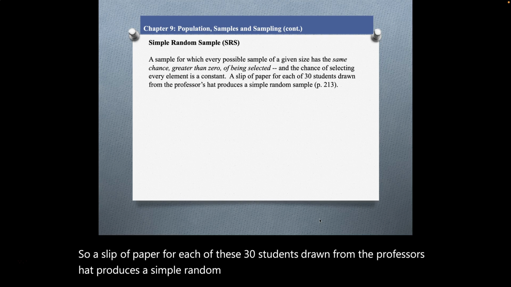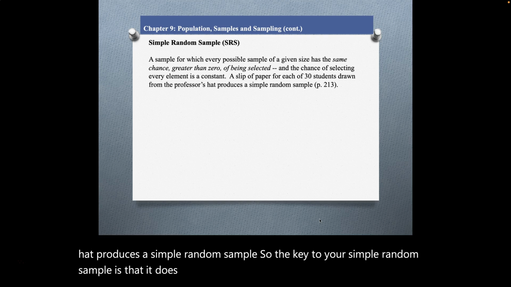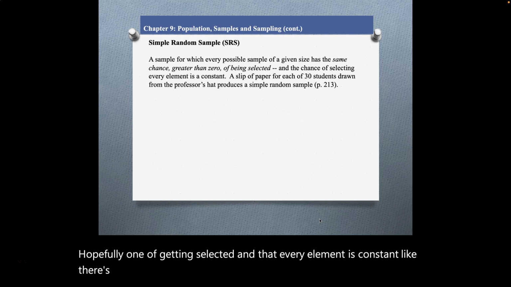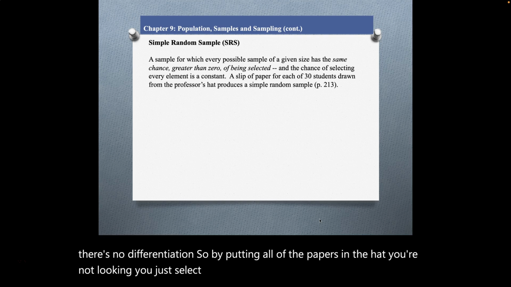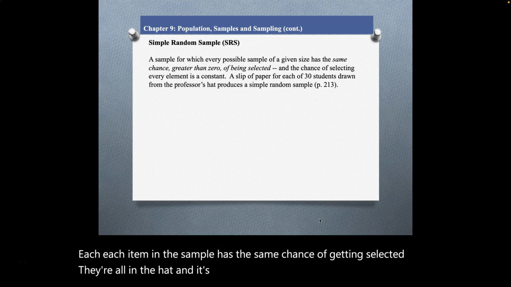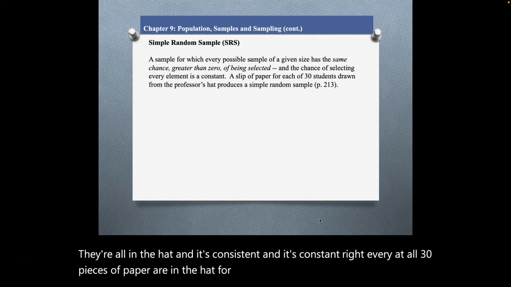The key is that every item in that sample has the same chance of getting selected, and that every element is constant, with no differentiation. By putting all of the papers in the hat, not looking, and just selecting one, that is a simple random sample because each item has the same chance of getting selected. All 30 pieces of paper are in the hat for the professor to select.